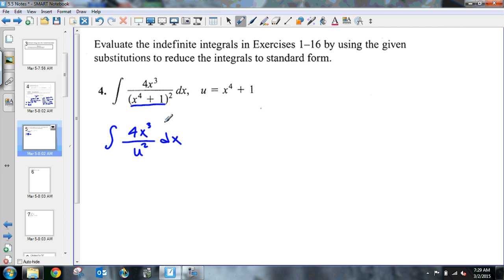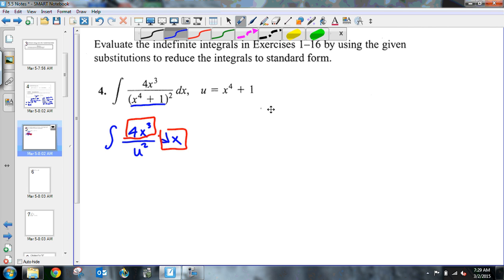Now, I've done a little bit of substitution here, but what I notice is that I have the rest of this integrand, 4x cubed, and it's being multiplied by the differential dx. Now, what I want to do is do some more substitutions.